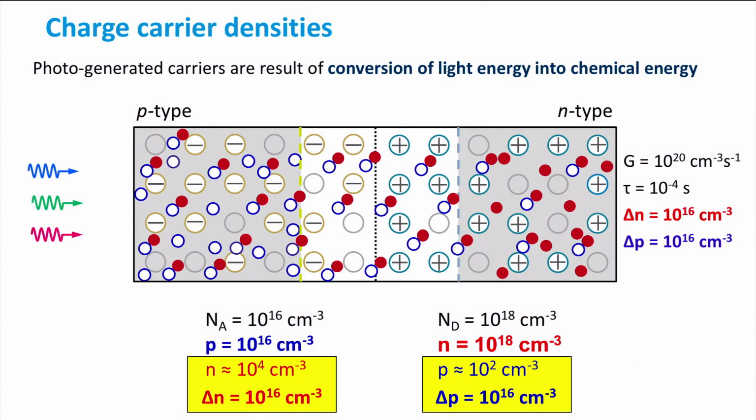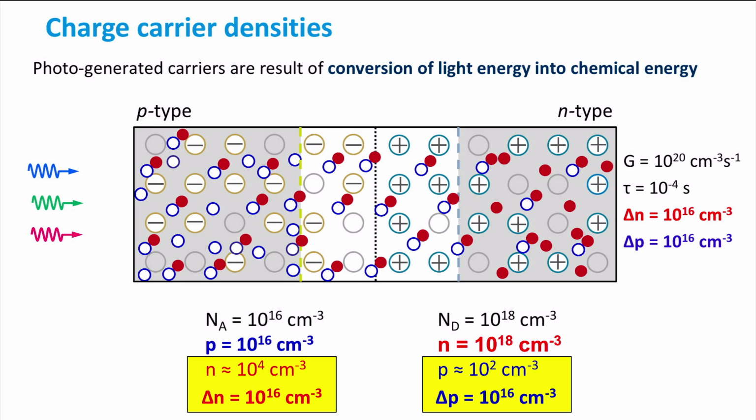If we take a closer look at these numbers, we can see that the injection level of 10^16 is at the same order of magnitude or at a lower order of magnitude than the original concentration of majority carriers. The hole concentration in the p-type region is 10^16, and the electron concentration in the n-type region is 10^18 carriers per cubic centimeter.